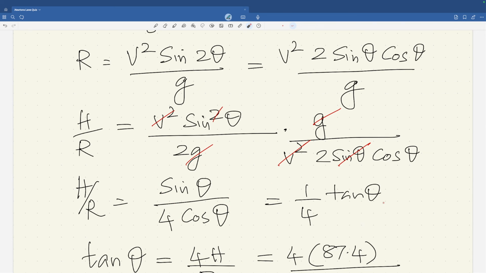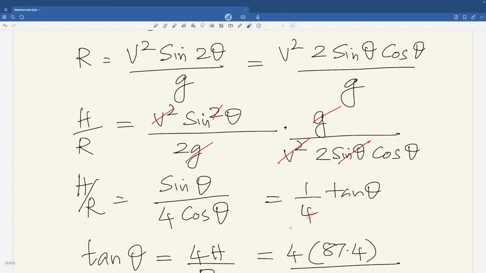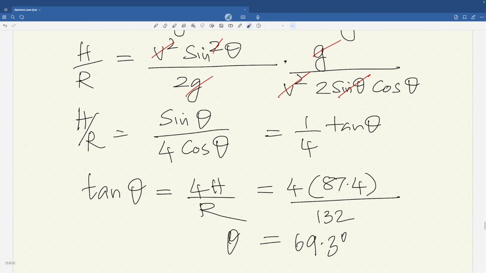So that's 1 over 4 tan theta. And what are we looking for? We're looking for theta. So let's make tan theta the subject. The 4 will go to the other side, so it will become 4h by r. And so 4 times the height divided by the range, and when you do the calculations and take the inverse, you get 69.3 degrees. So that's how that is done.